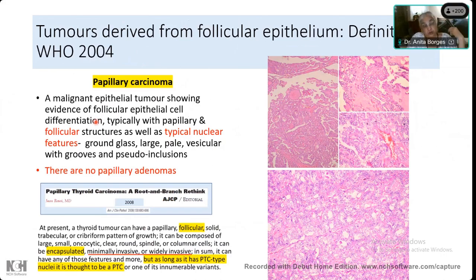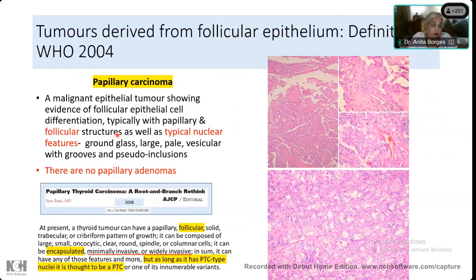It will show you thyroglobulin if you want to stain it for thyroglobulin. It will also express TTF1. So a malignant epithelial tumor showing evidence of follicular epithelial cell differentiation, typically with papillary as well as follicular structures.